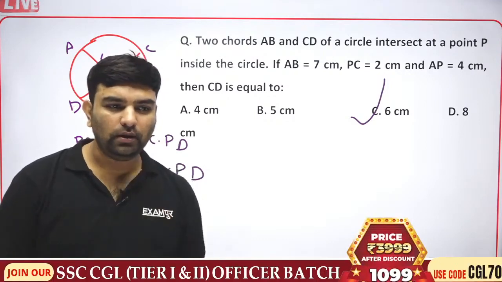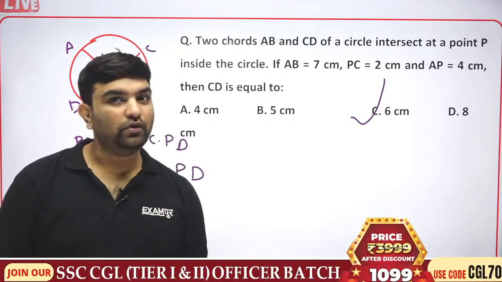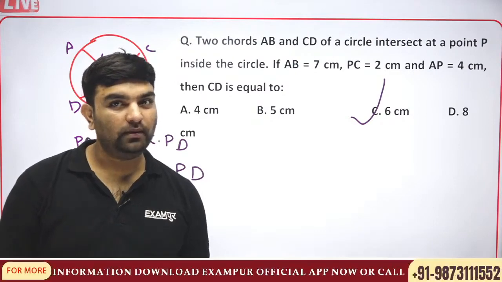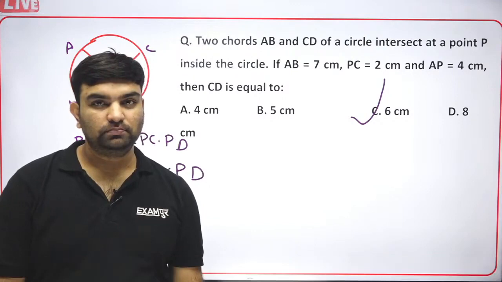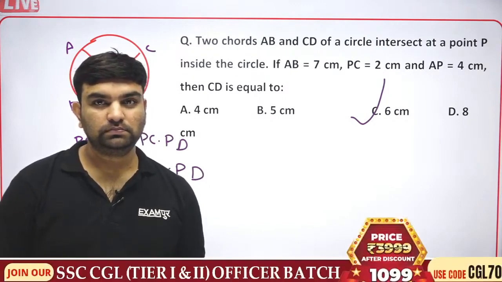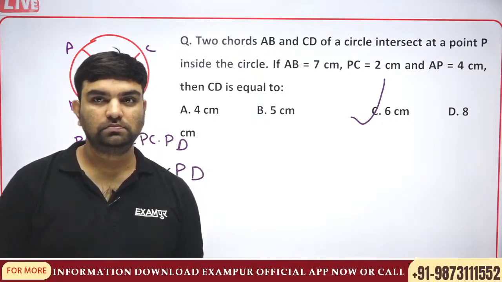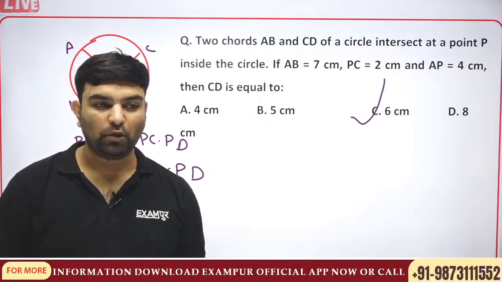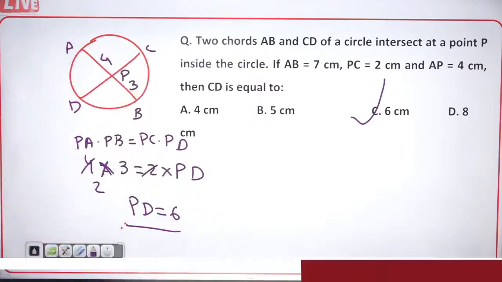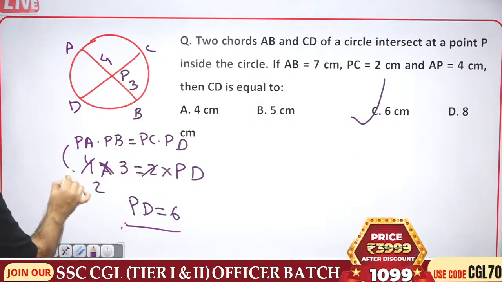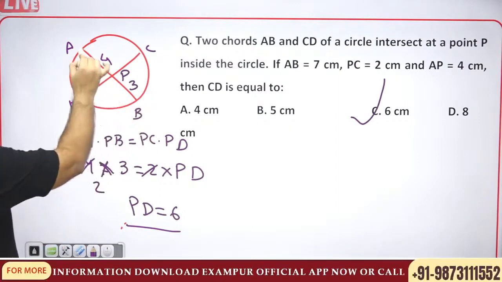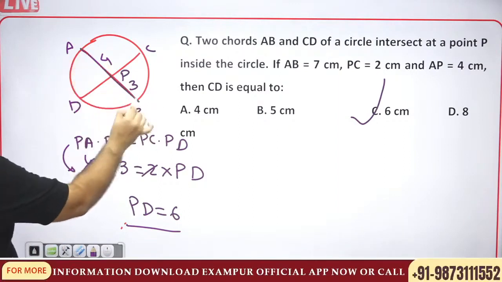Harika, have you done it wrong? I think you have used 7 maybe. PA is 4, PB, because AB was given 7, so PB is 3 only.